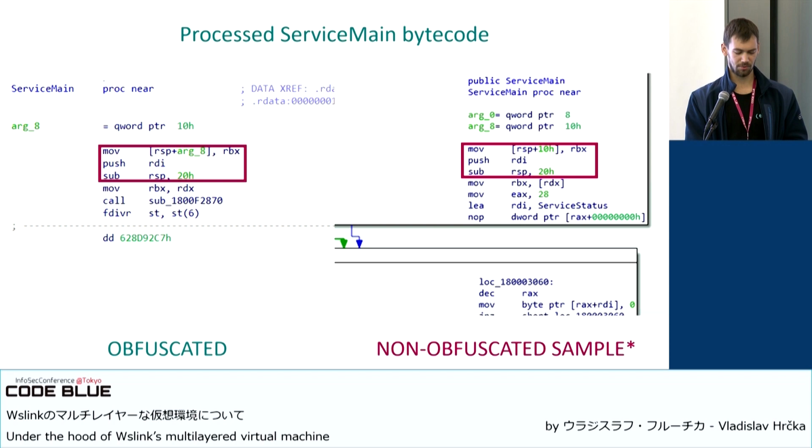So let's look at the comparison. On the left side, there's the virtualized function, and on the right side, the non-obfuscated sample. So the prologue is the same, but then there's this difference in this assignment. In the second image, there's the reference, and in the first one, not.